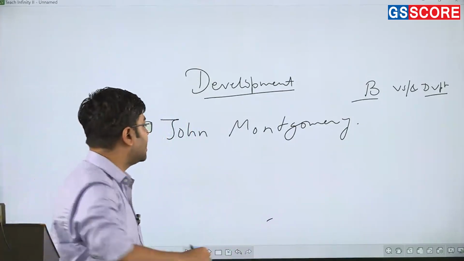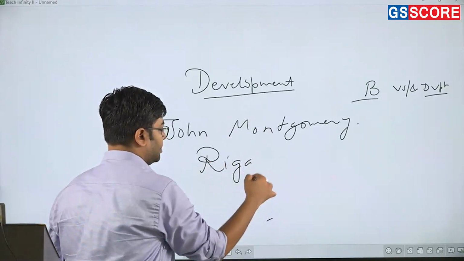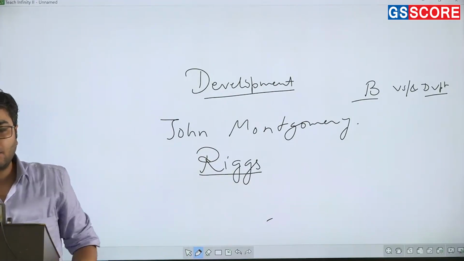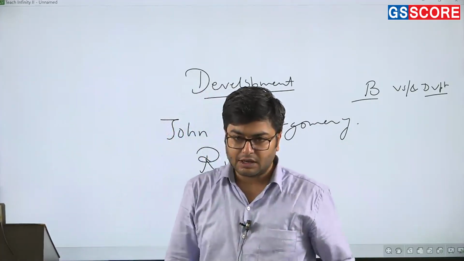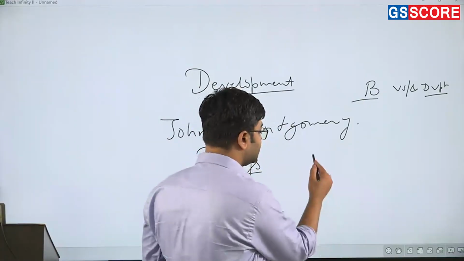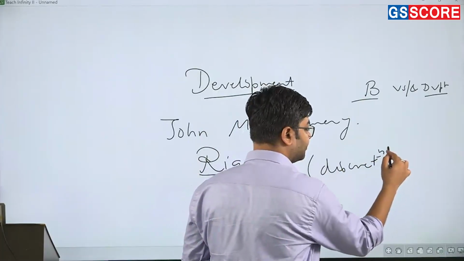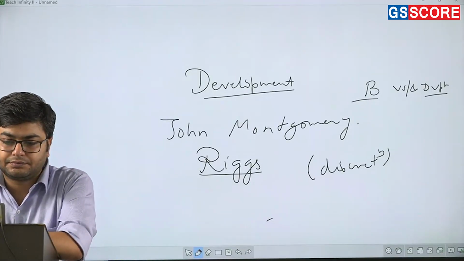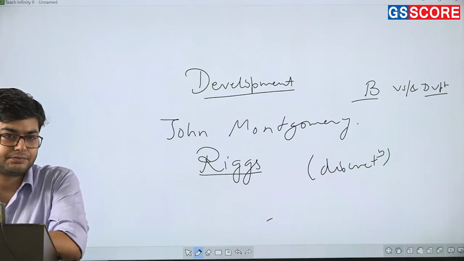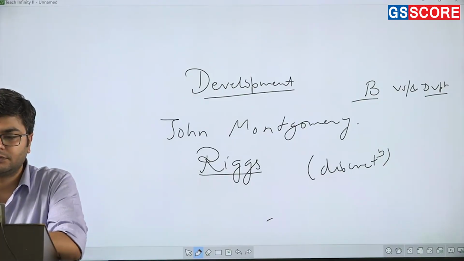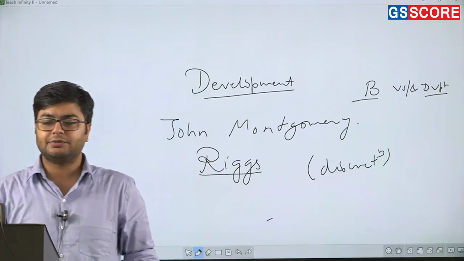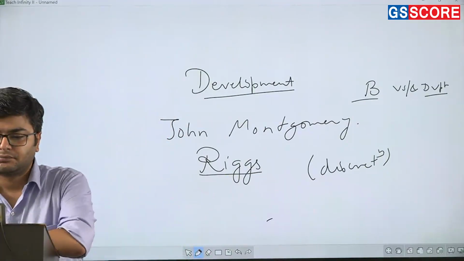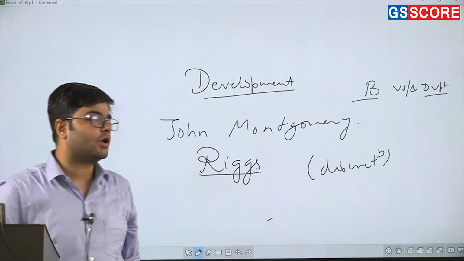Then Riggs, our very own Riggs. So the Riggsian view is a process of increasing autonomy, that is discretion, of social systems made possible by rising levels of diffraction.